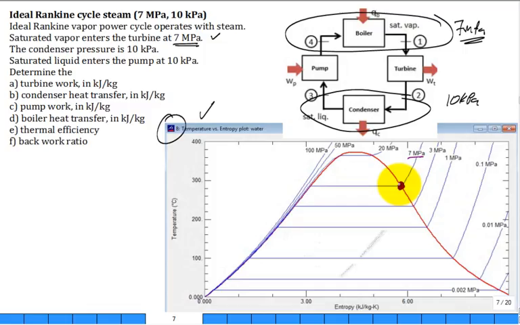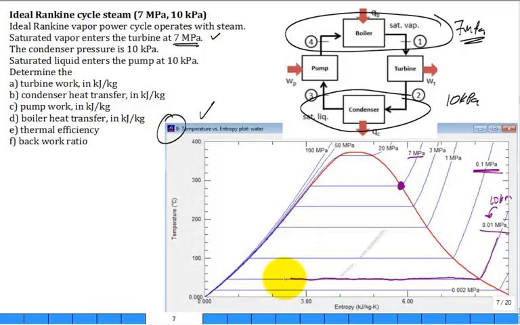And then, where is the 10 kilopascal? Well, this is 0.1 megapascal, that's 100 kilopascal. This is 0.01 megapascal. Is that 10 kilopascal, this pressure line right here? 10 kilopascal. Okay. So we're on this pressure line right here.